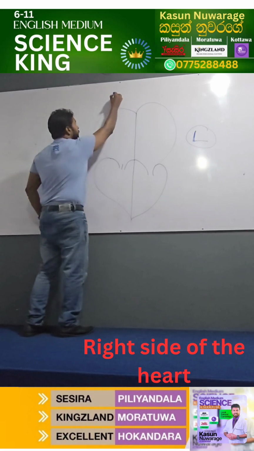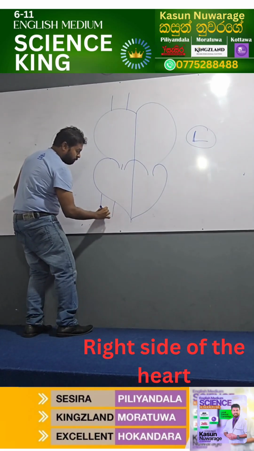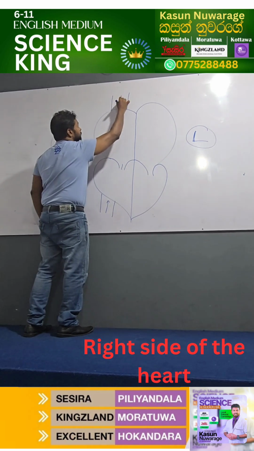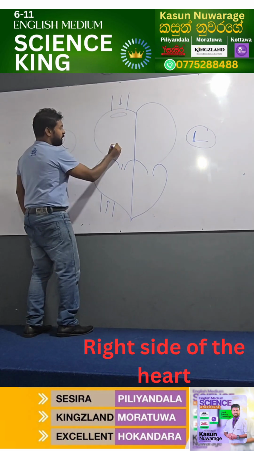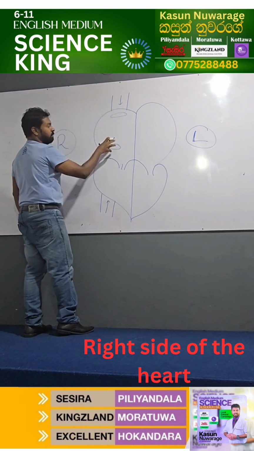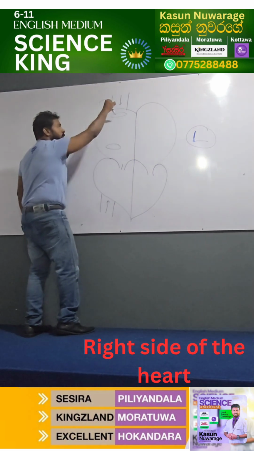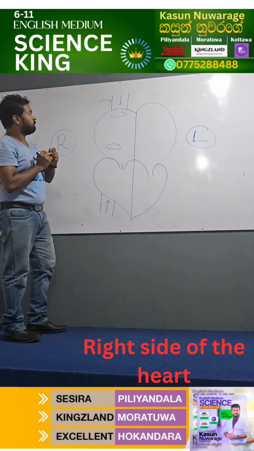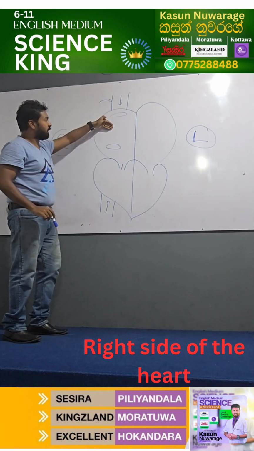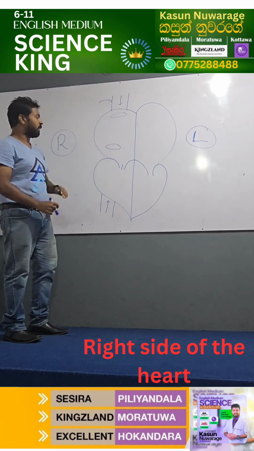So there are two blood vessels which open to this right atrium. This is called the superior vena cava. Then this is called the inferior vena cava.